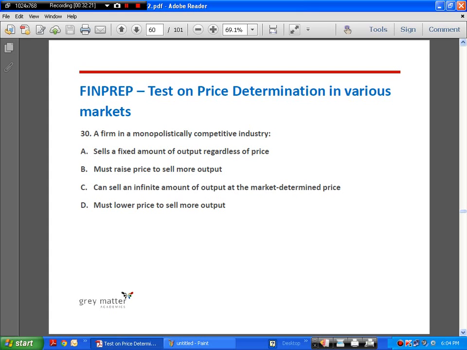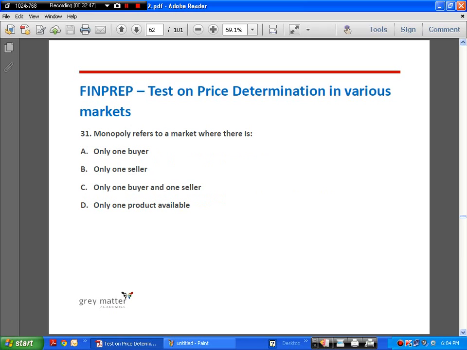So you'll notice that a monopolistic competitive firm has a downward sloping demand curve or AR curve. So when the demand curve is downward sloping, it implies that if the firm wants to sell more output, it should definitely lower its prices. So the right answer is option D, must lower price to sell more output.